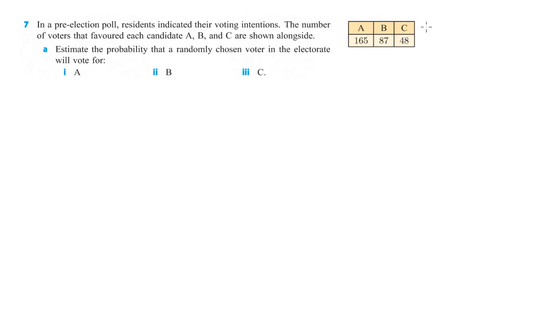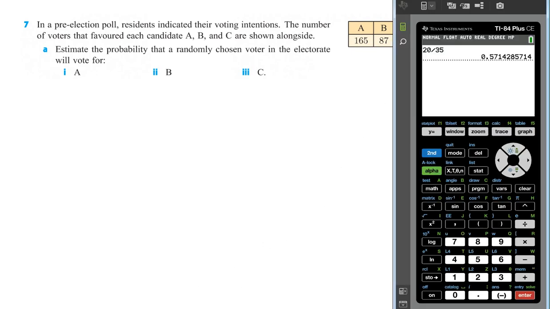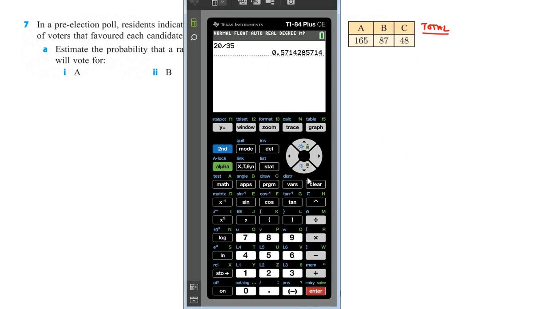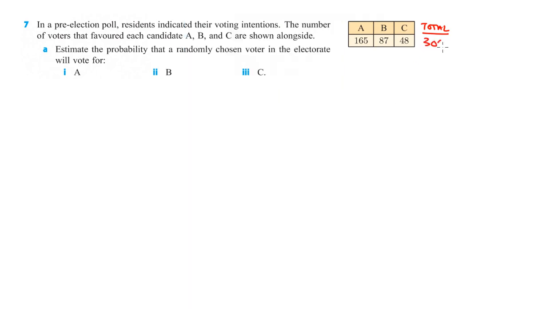What is really important is we need to know what the total is for all of these. So we have to add those things all up. Add 165 to 87 to 48, and we get a grand total of 300 total people that were polled.